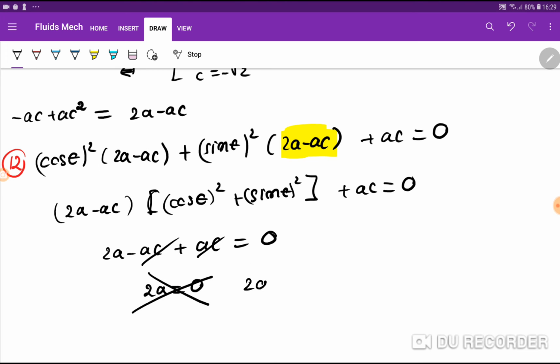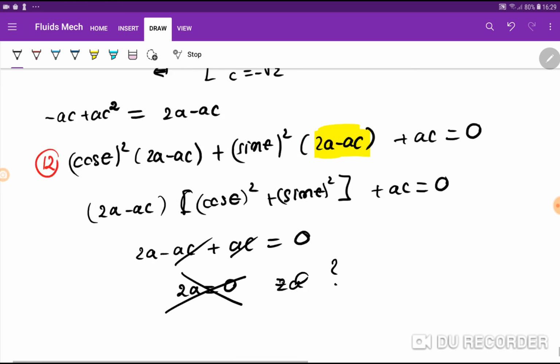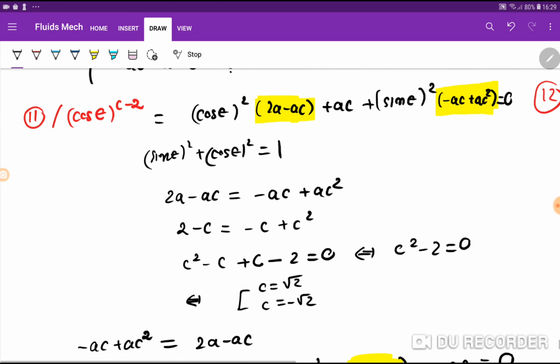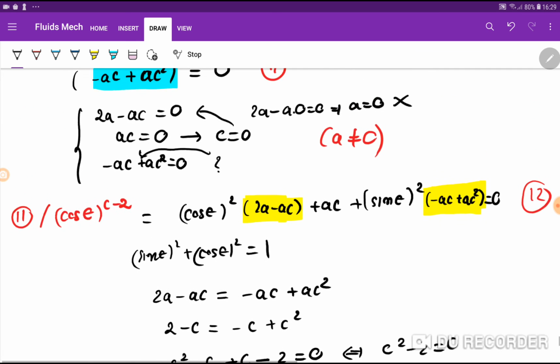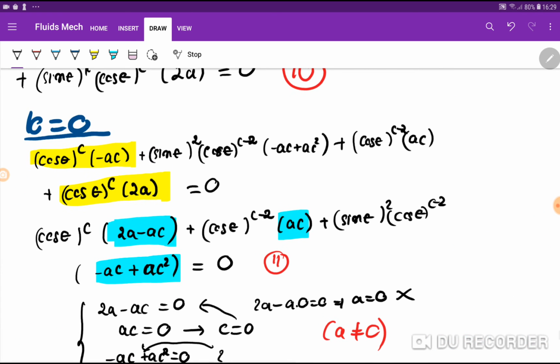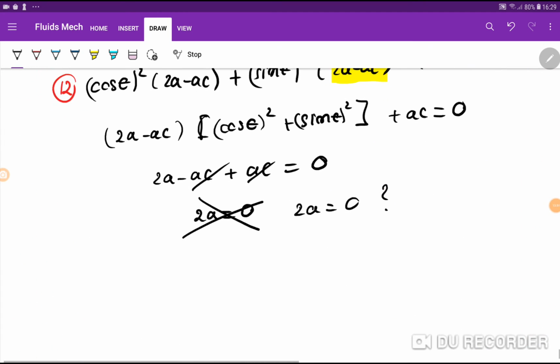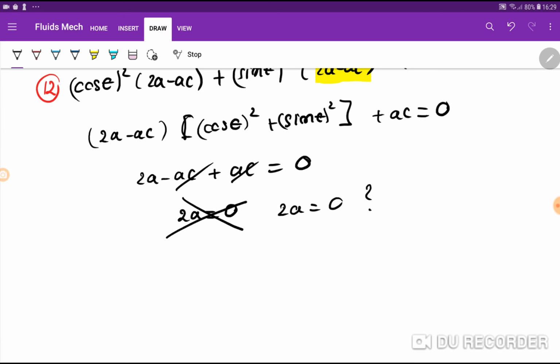Impossible, right? Now, b equals 0, we dismiss it. b equals 2 is not, because b equals 2 led to something which is nonsense. So the chain reaction is wrong.